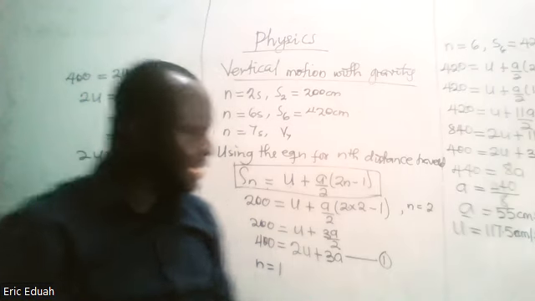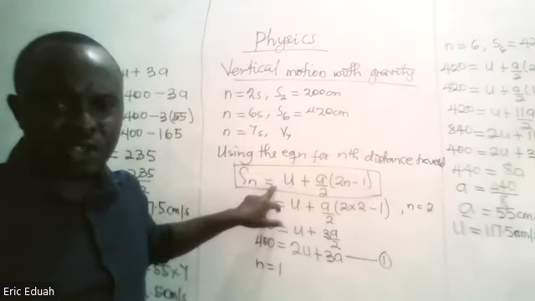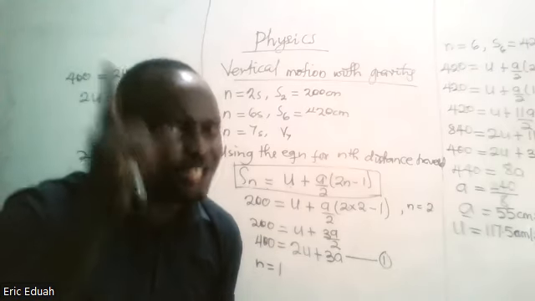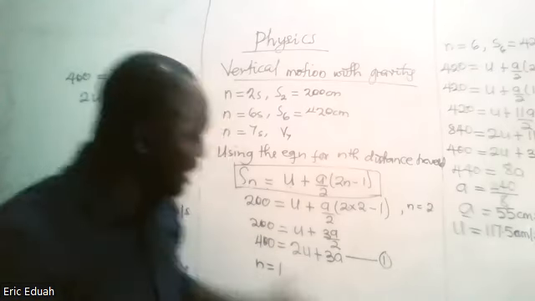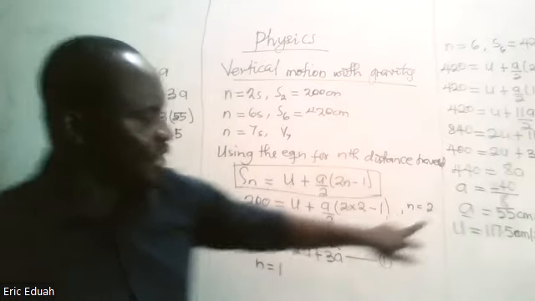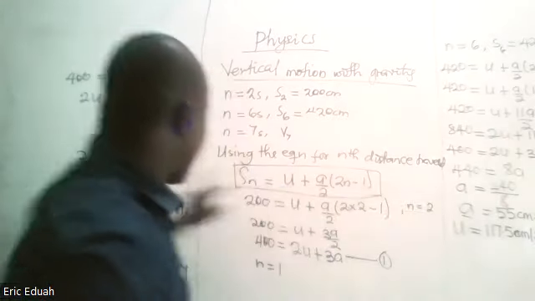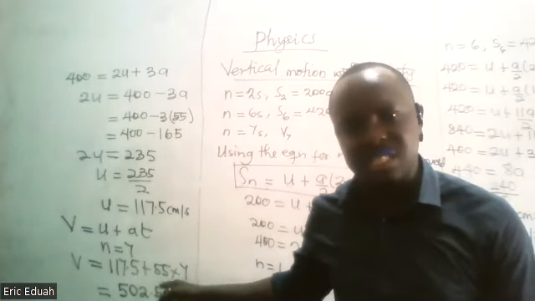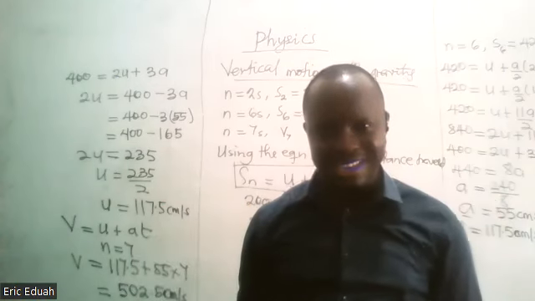That is why I said this equation is also more or less like the fourth equation of motion. That is the main reason why after getting U and A, I use equation 1 to get the velocity for the 7th second.